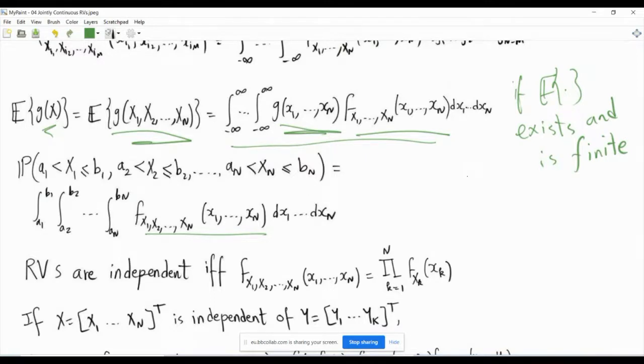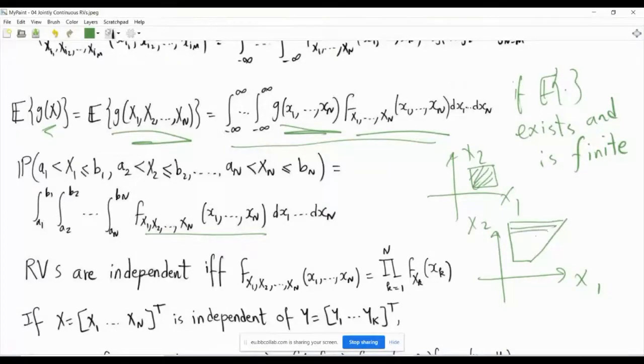If you have x1, x2, typically we are not just interested in the probability that x1 and x2 are inside one of those rectangles. Typically we are interested in regions that may look something like this, for example, what is the probability that x1 and x2 are in this region? Let's say this trapezoid here, and so on. So typically those integrals will not be as easy as they look. You just need to be careful in writing down the limits of integration, and we will do exercises to show exactly how to do this.